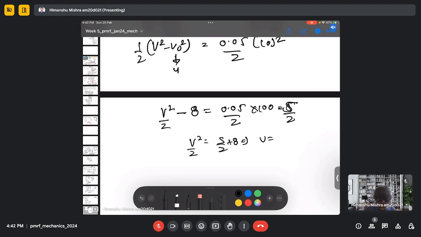So we will get v as 4.5 meter per second.